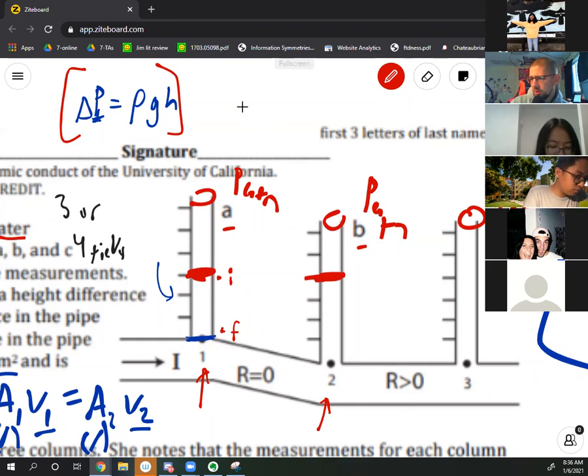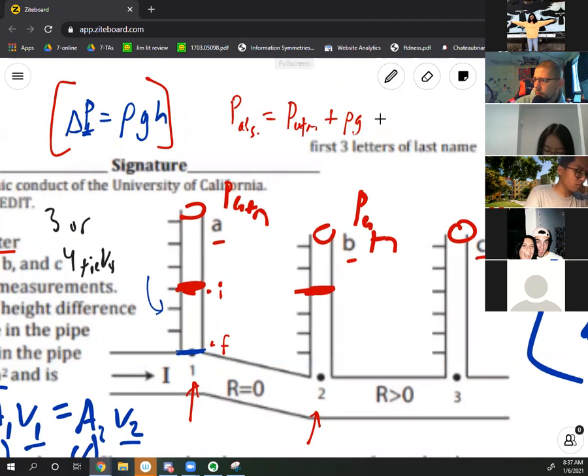The absolute pressure, which I will say and only motivate a little bit, P absolute at the bottom of this upper tube is going to be the atmospheric pressure plus delta P, plus rho GH. This is the absolute pressure.